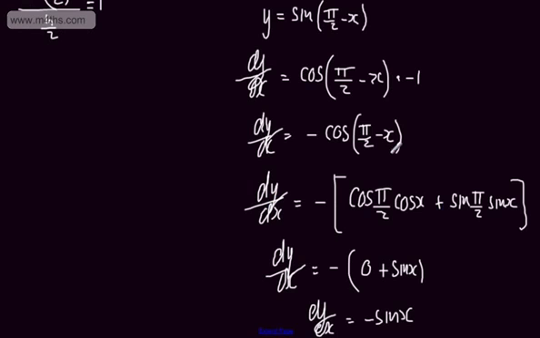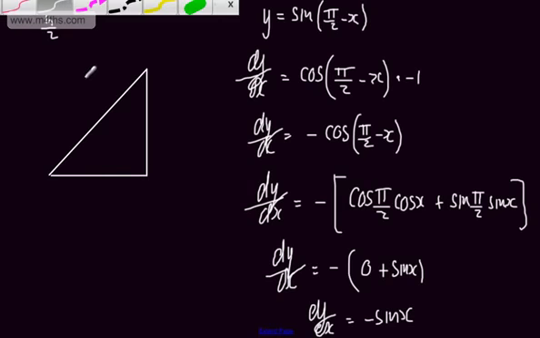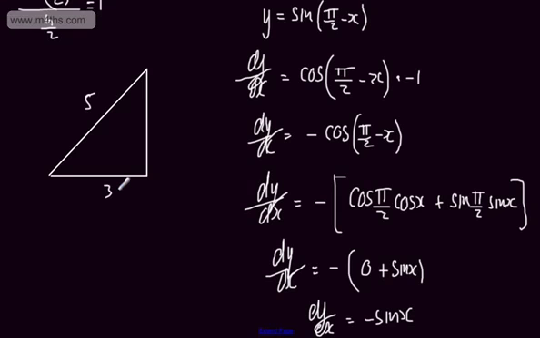This, you could argue, is not necessary, because we can simply state that cos of pi by 2 minus x is just sine x. That's something we should hopefully be comfortable with if we draw it up. Let's draw a 3, 4, 5 triangle. This side is 5, this one is 3, this one is 4, this angle is x, and this one is pi by 2 minus x.